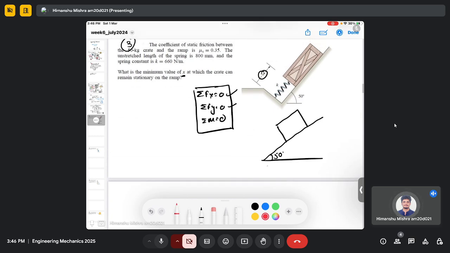So this block is trying to go in the right down direction. So there will be a friction force which is acting opposite. And since this block is going to the right down direction, there will be a friction force which is in the upward direction. So this is the friction force. This is Fs.